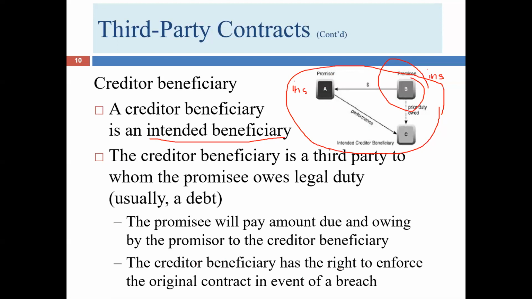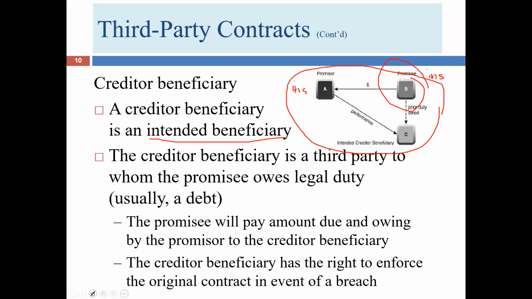And the creditor beneficiary has a right to enforce the original contract in the event of breach. Okay, so he can enforce this contract, whatever that duty is, and he can also enforce this contract. So he has quite a bit more tools in his arsenal. This is an important financing tool that our economy really, really uses to make these happen.